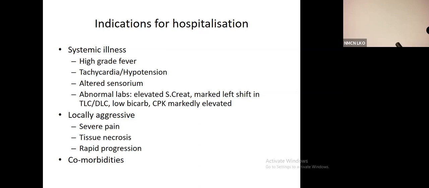And locally aggressive, severe pain, tissue necrosis, rapid progression, and coma. Now, if the CPK is high, this is going towards a necrotizing fasciitis kind.